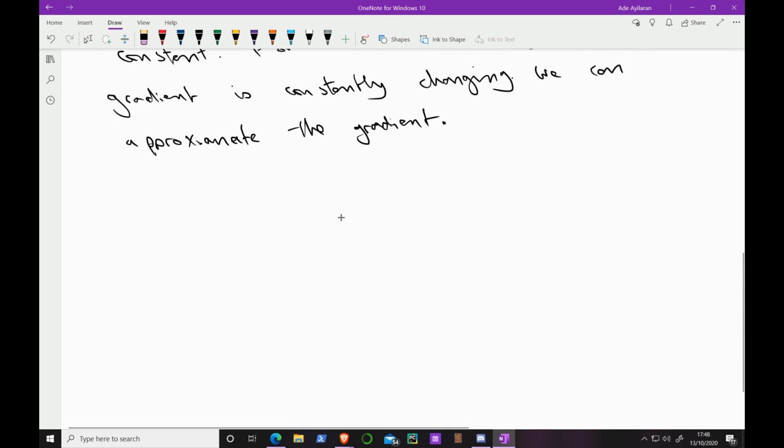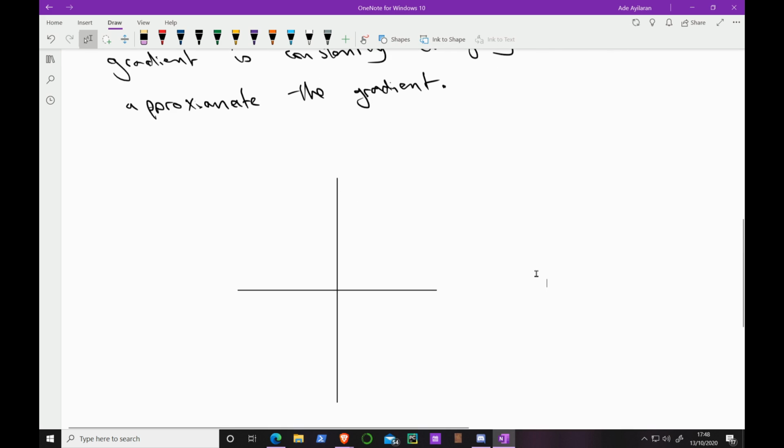So let me just draw that, like so. And y equals x squared is simply this. And as you know, I'm a very poor artist. Okay, so this is y equals x squared. Now, say we had a point P. That clashes too much.